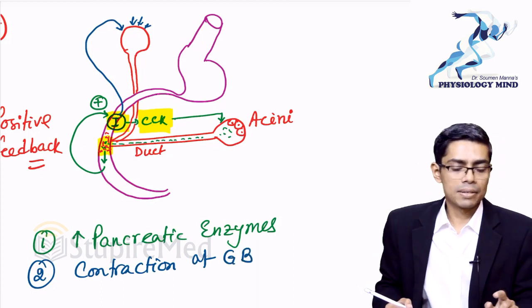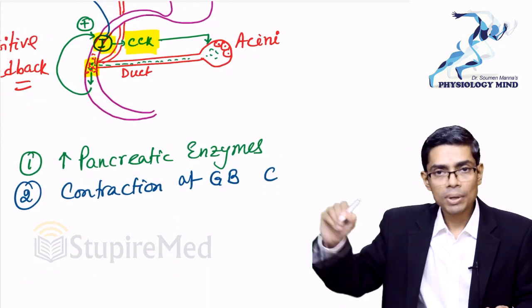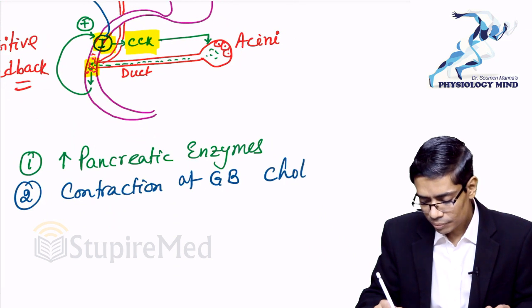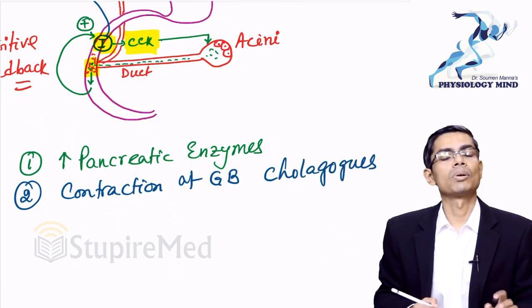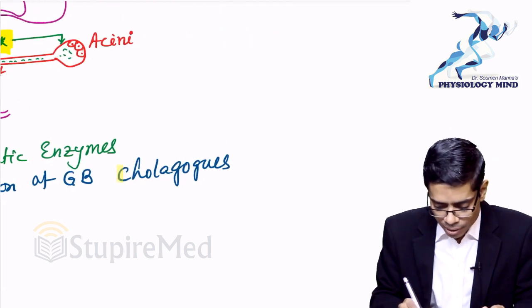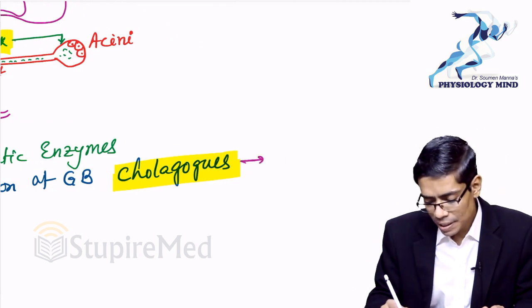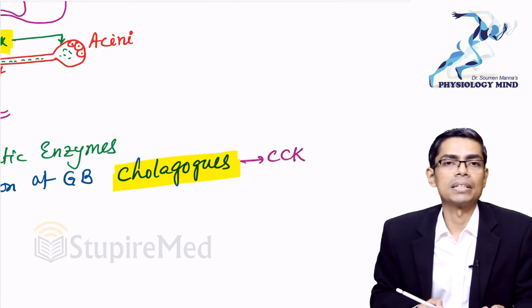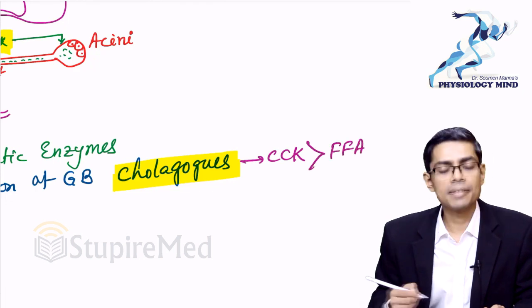Any substances which produce contraction of the gallbladder are known as cholagogues. CCK is the most potent cholagogue, followed by free fatty acid, right.